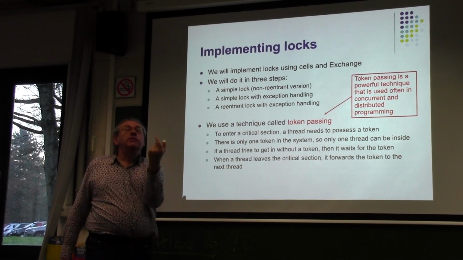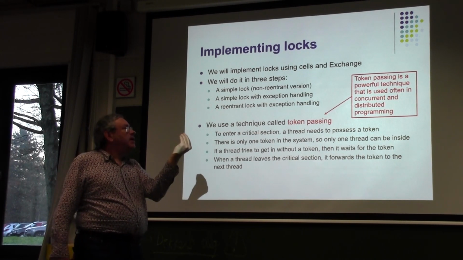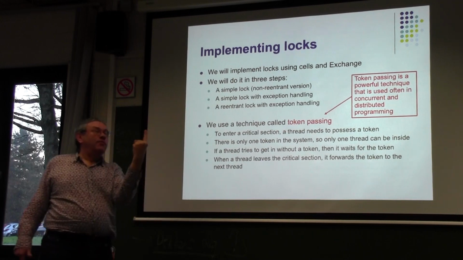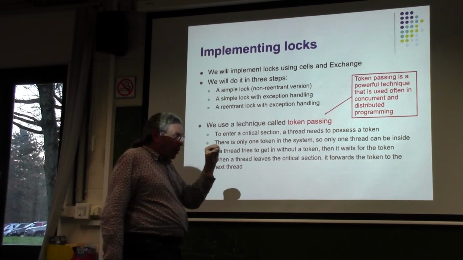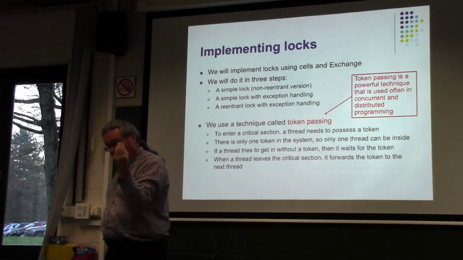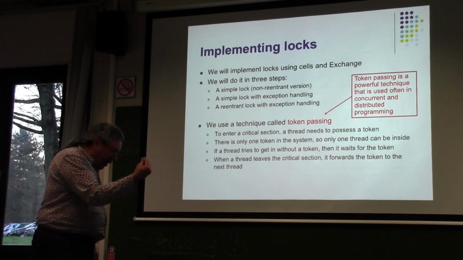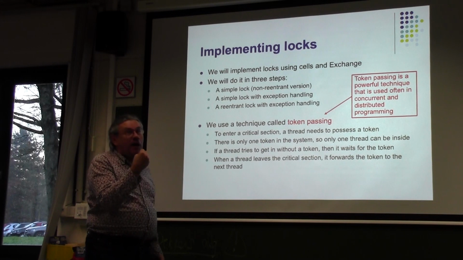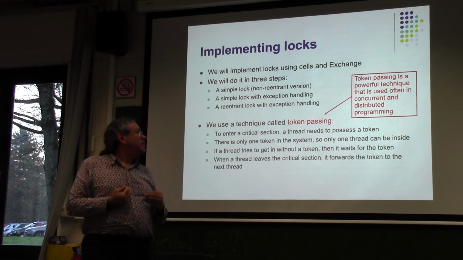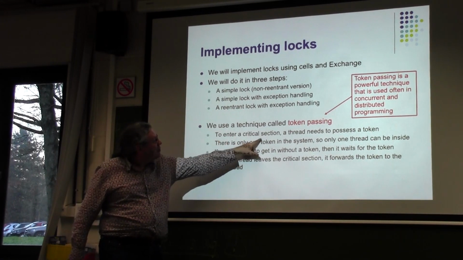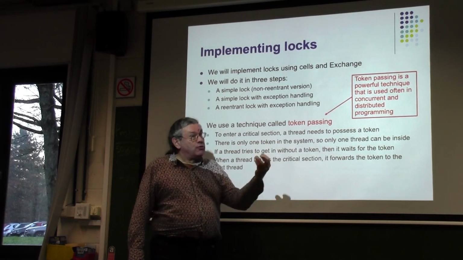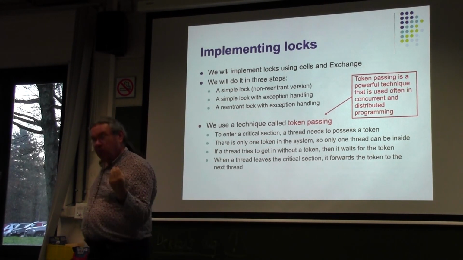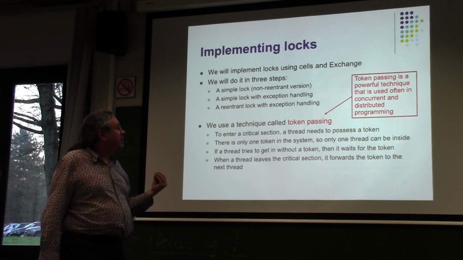So there's a token, which is a thing that there's only one of. Un jeton in French. It's a thing, and in the system there's only one of them. And each lock has a token, and in order to enter the critical section of the lock, the thread needs the token.